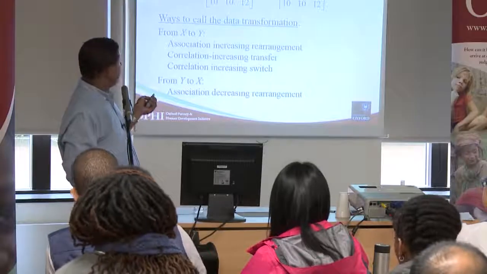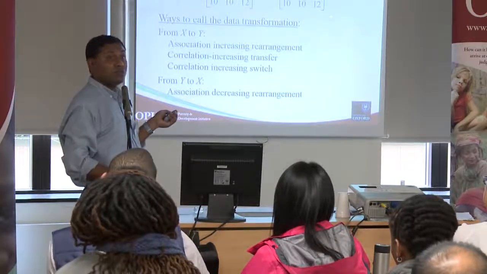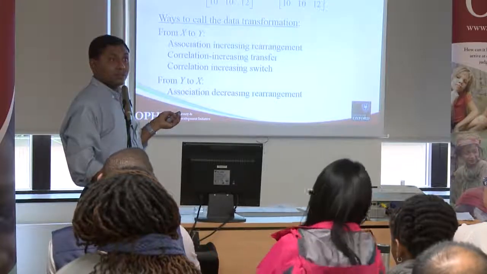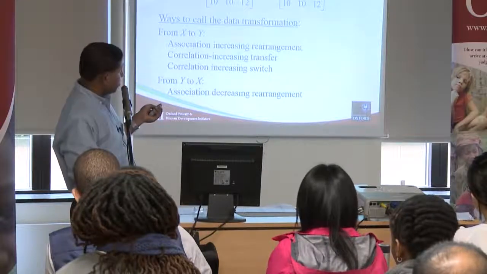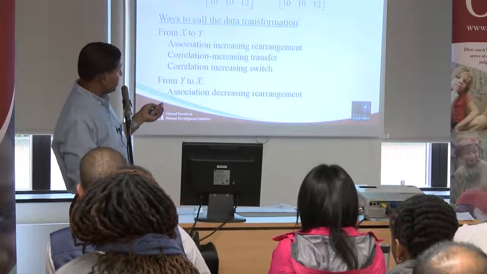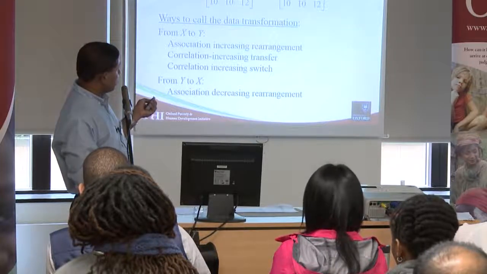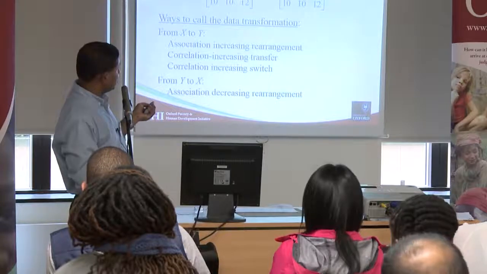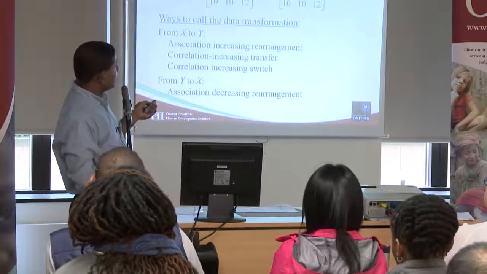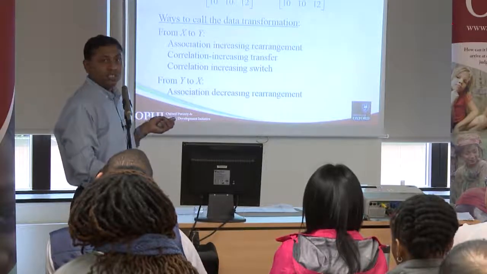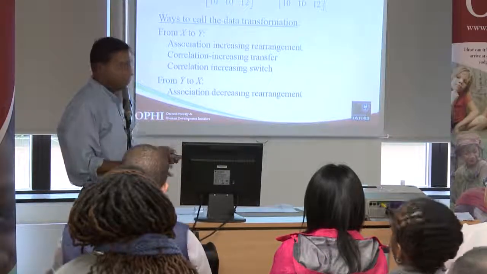So when you move from this to this, it has been obtained by increasing correlation or association between dimensions, because in this one they are ordered 7, 3, 10 and 8, 2, 12. They are perfectly ordered, unlike in this one. So if you compute the correlation or association between this dimension and this dimension, it is much lower compared to what you have here. So this kind of transformation is related to the correlation or association between dimensions.